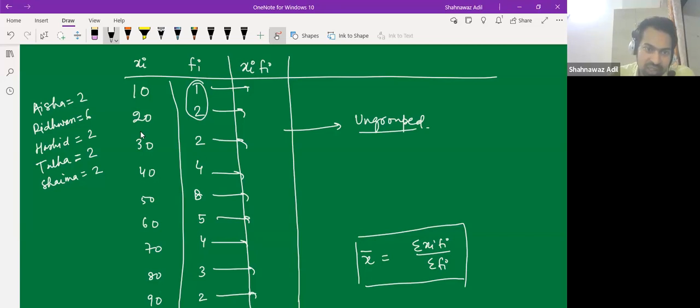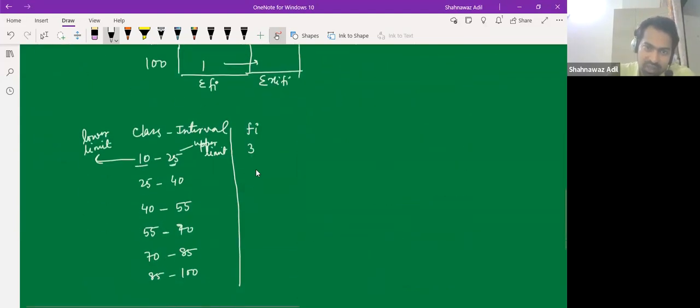We are counting from 25 to 40, but we cannot count the upper limit, right? So we cannot count this one. From 25 to 30, we have this 2. Understood? Good.